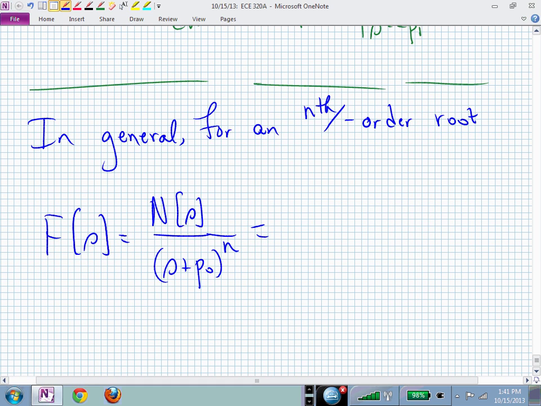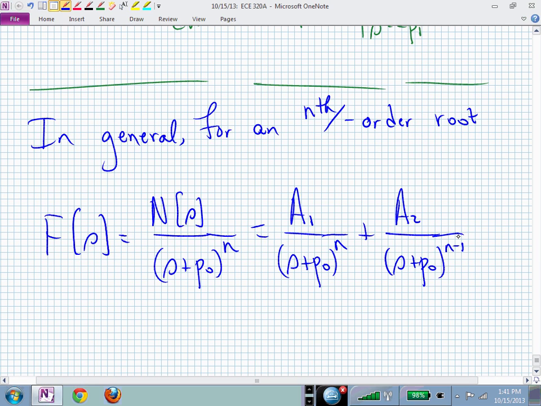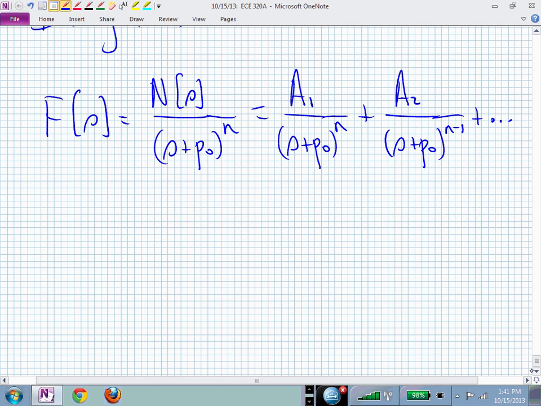Then my partial fraction expansion is going to be a1 over s plus p sub 0 to the n, plus a sub 2 over s plus p sub 0 to the n minus 1, and I just keep going. I get down to a sub n over s plus p sub 0, meaning I've reduced my power in the denominator to 1.